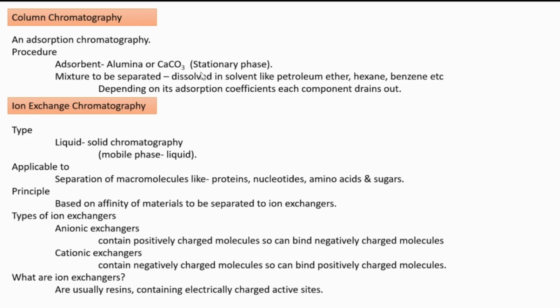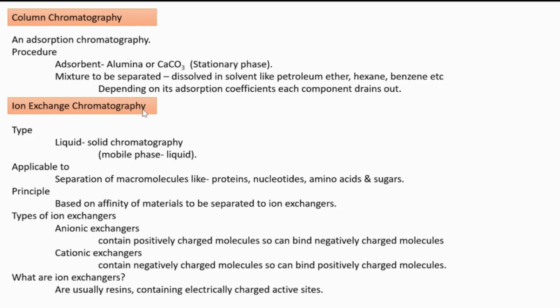Those with less adsorption drain out first, those with a higher adsorption coefficient drain out only later, and those with stronger adsorption power we need to drain out by further addition of more solvent to the column.